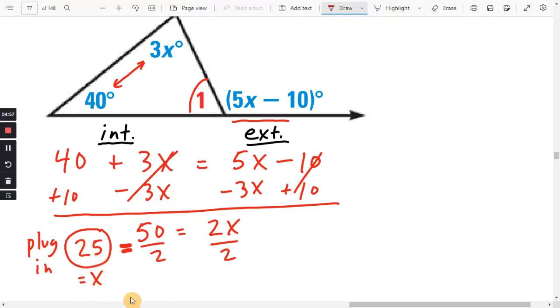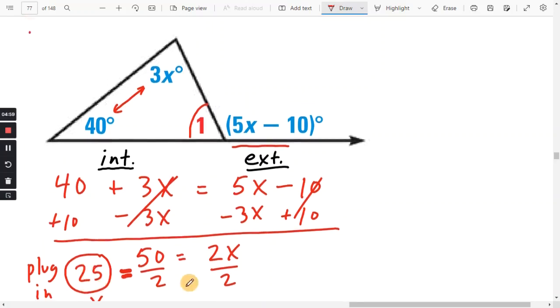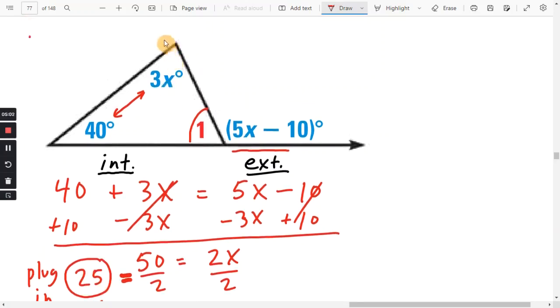So we're plugging that in for x. All right, so for this angle right here, we put the 25 in there. And 3 times 25 is going to give us 75. All right, again, we're looking to solve for angle 1.